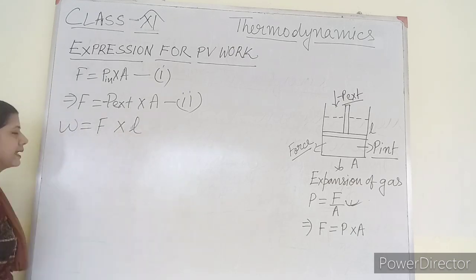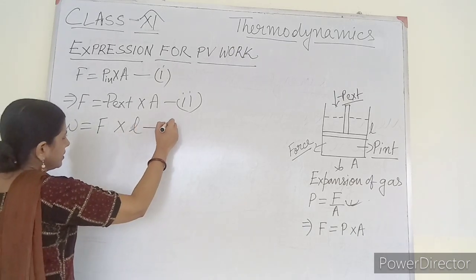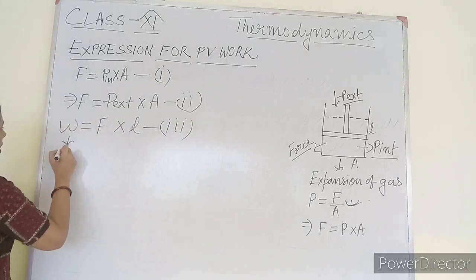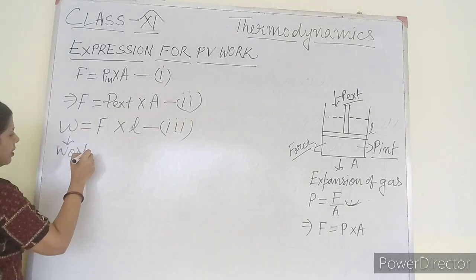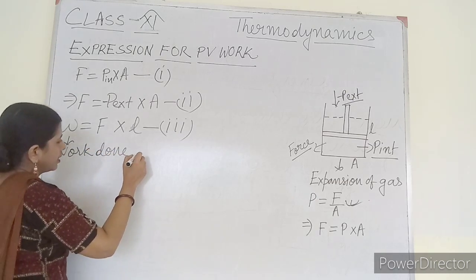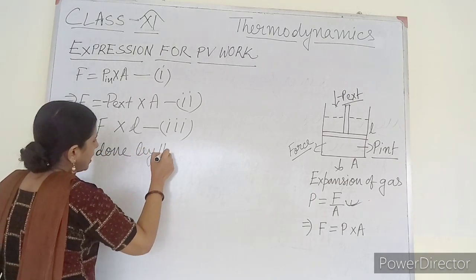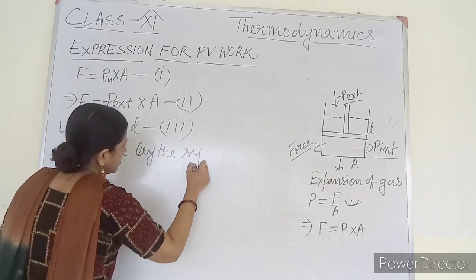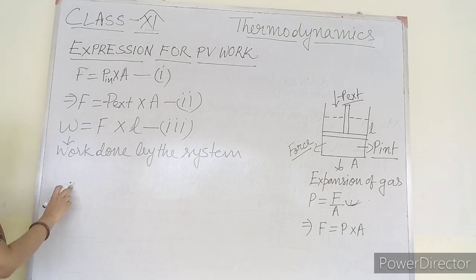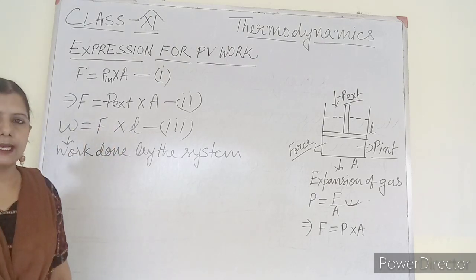Here distance is L. This is my third equation. This is the work done by the system, W equal to F into L.